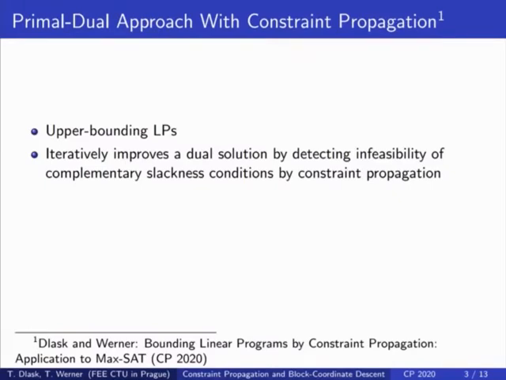This approach is related to the primal-dual method in linear programming, and we propose it in our second submission as a generalization of the virtual arc consistency algorithm. In detail, we propose to replace enforcing arc consistency by general constraint propagation in a system of linear inequalities.